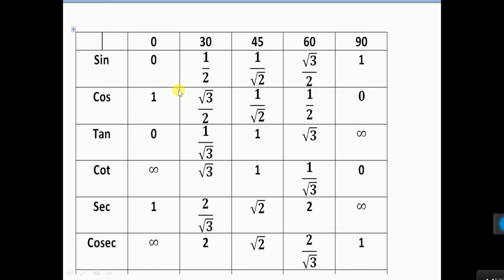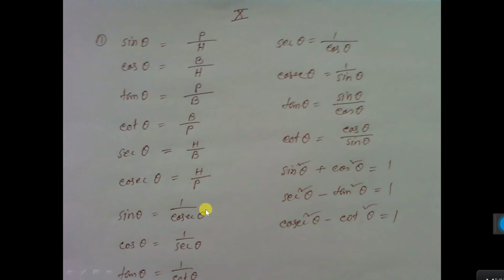Tan 0 is 0, tan 30 is 1 by root 3, tan 45 is 1, tan 60 is root 3, like this. This table you have to memorize, and these are the formulas you have learned already. Tan theta equals perpendicular by base, sin theta equals perpendicular by hypotenuse. Mainly these 6 formulas are required to solve these sums. So you have to memorize.